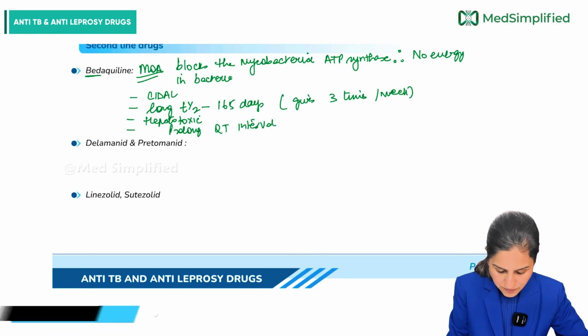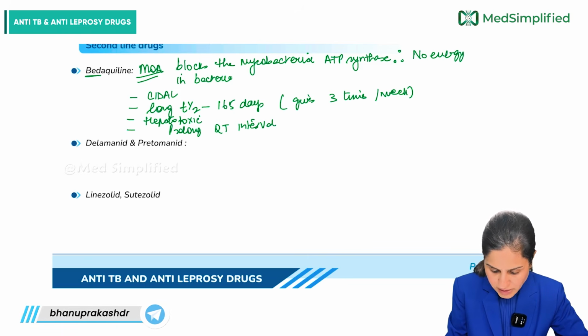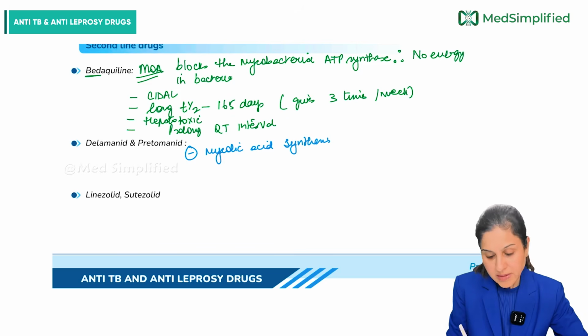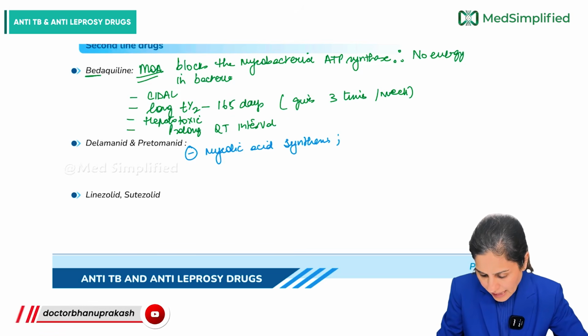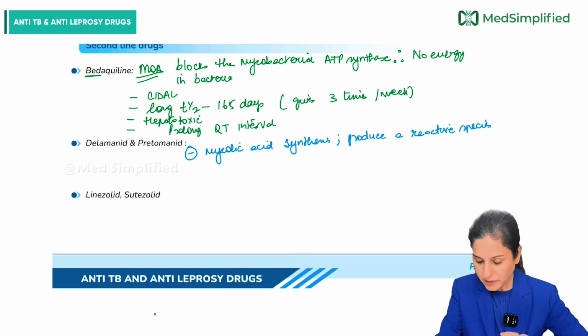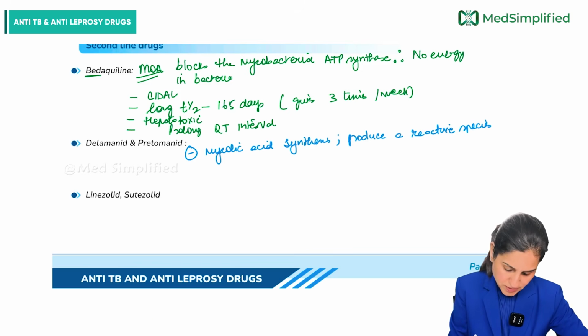The next we have delamanid and pretomanid. Now both these drugs inhibit mycolic acid synthesis and produce a reactive species.